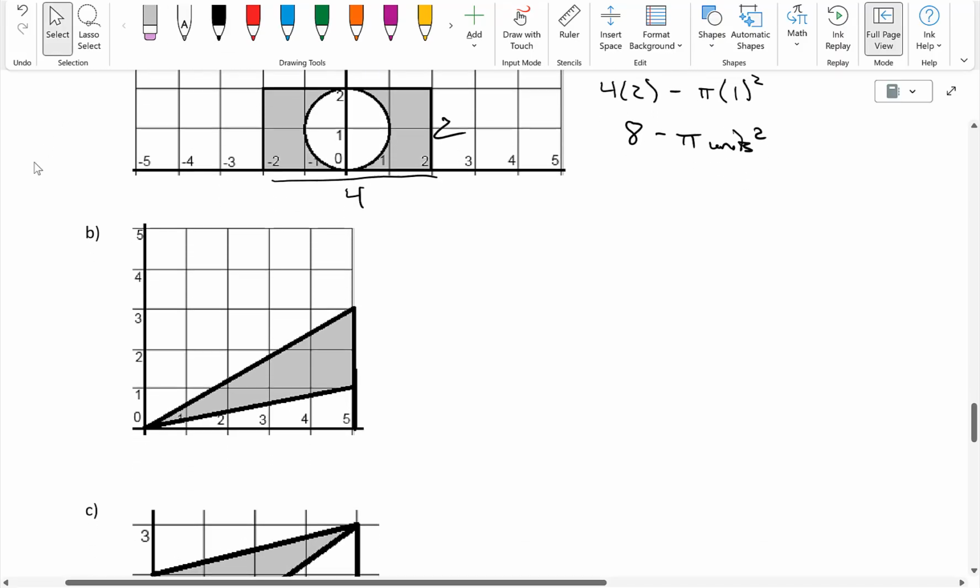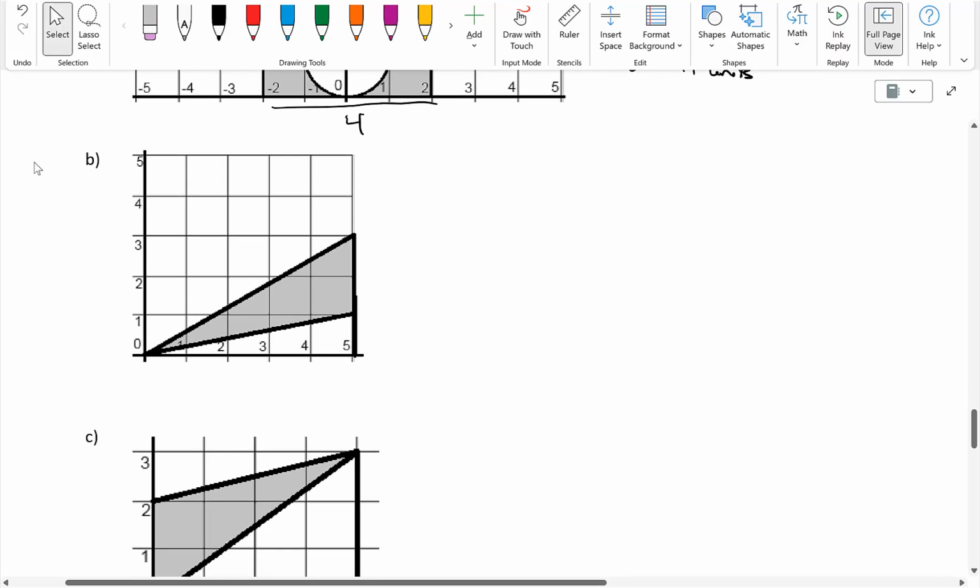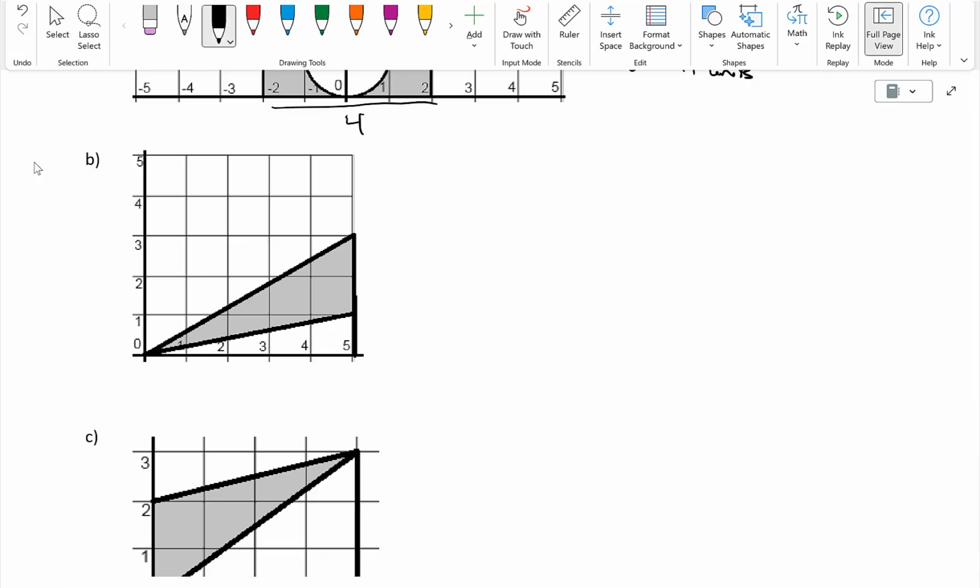All right, for B, we can see a big triangle and a small triangle. The area of this big triangle I put in red, minus the area of this little unshaded triangle will give us the area of the shaded region. So those are easy ones to compute. The area of the red triangle, RT, would equal 1/2, our base is 5, our height is 3, so 15/2.